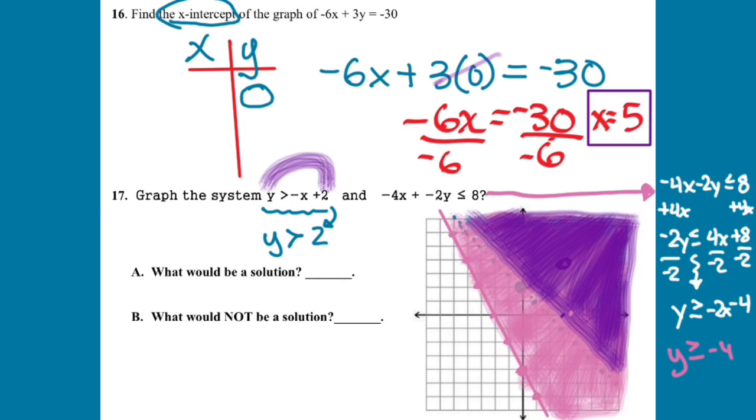So what's the solution? 4, 6, as long as it's in the purple. What's not a solution? Well, 0, 0 is not a solution because it's in the pink, but it's not in the purple. So anything that's in both is a solution. Anything that's not is not a solution.